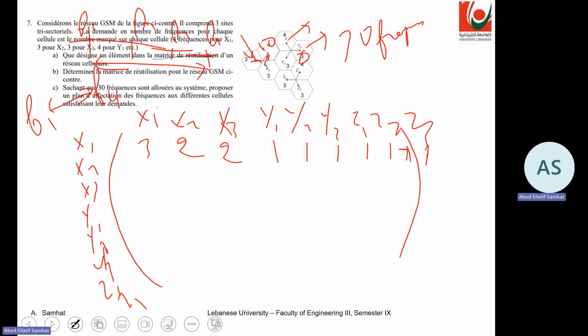The reuse matrix gives us the minimum gap, or number of frequencies to be avoided.